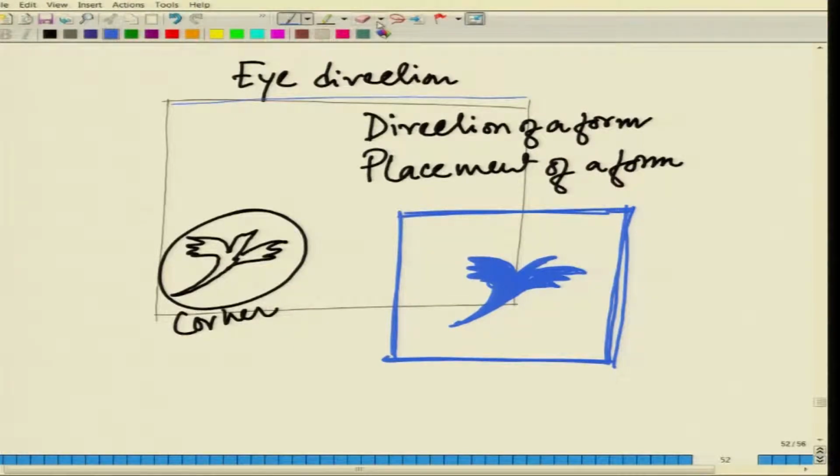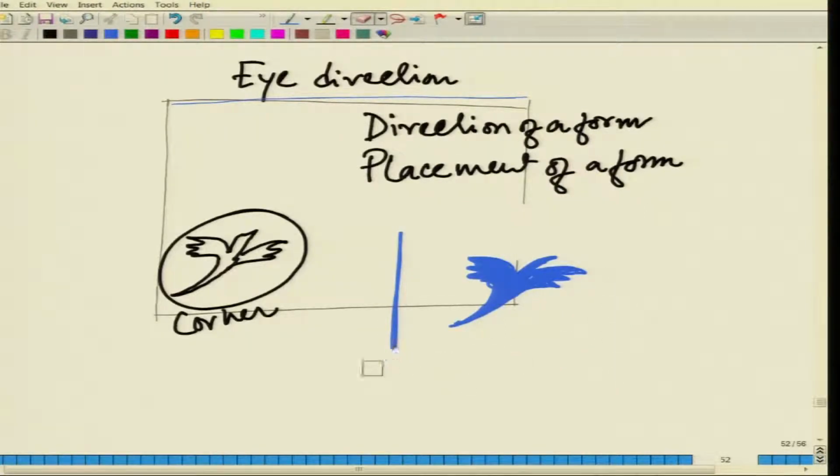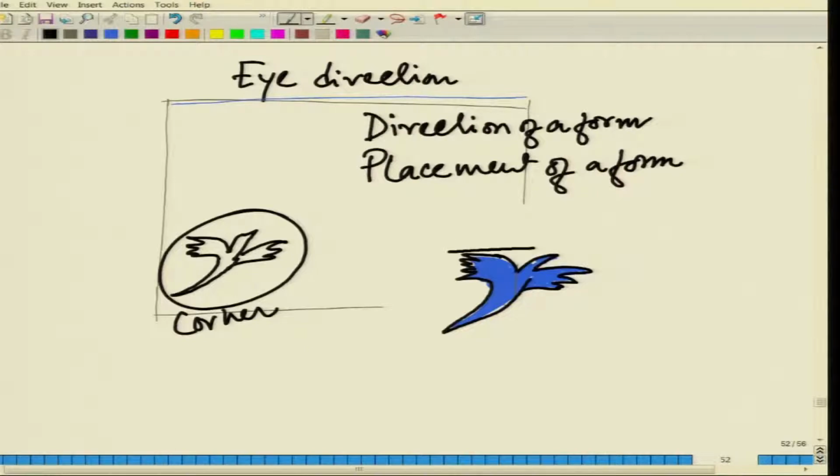So, let us think it is the same form placed in a plane that is larger.